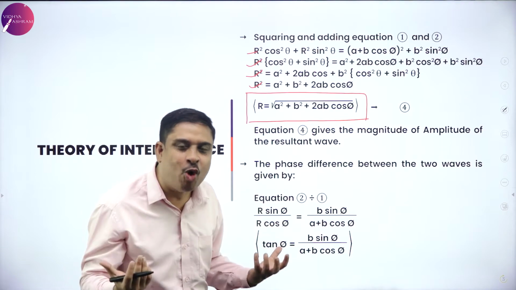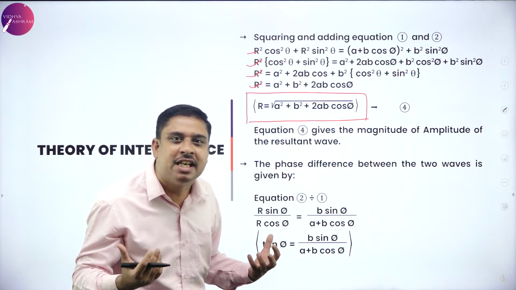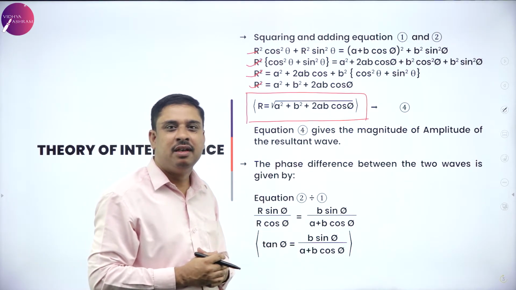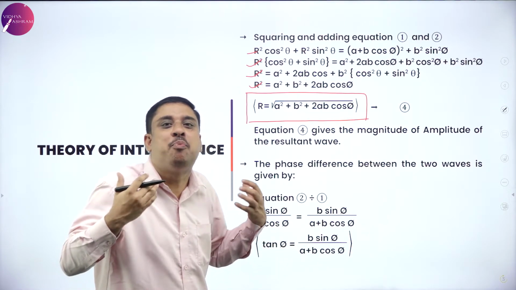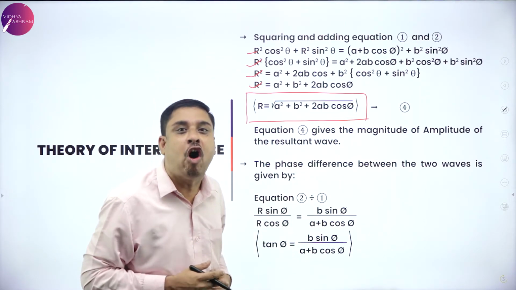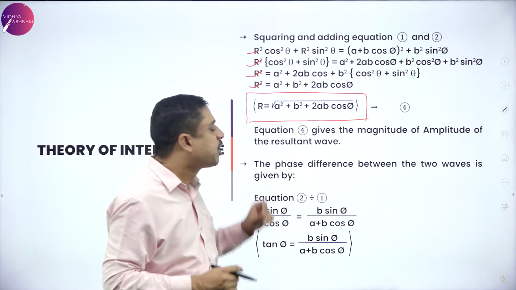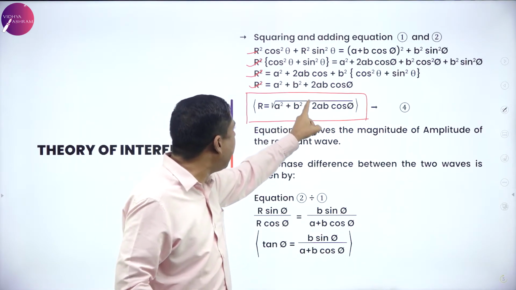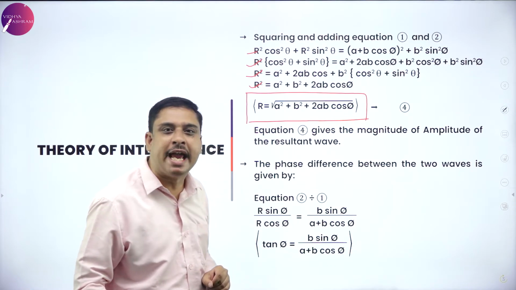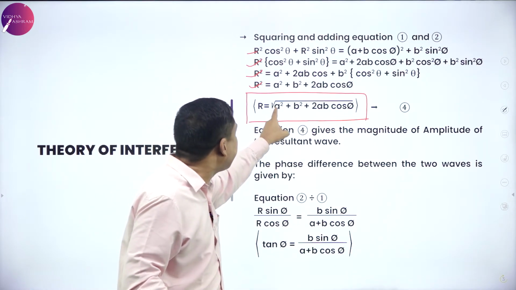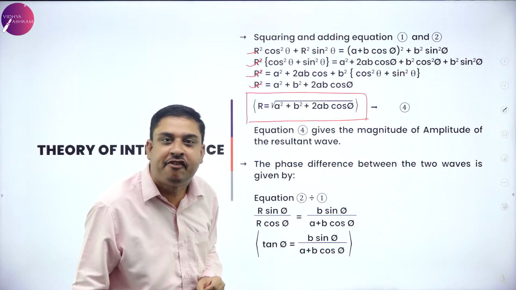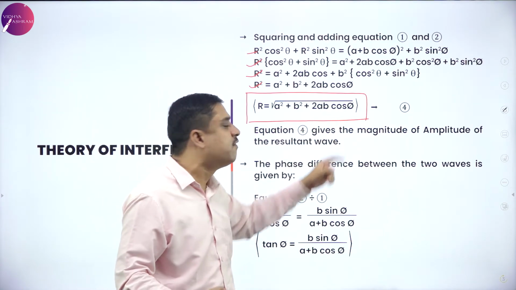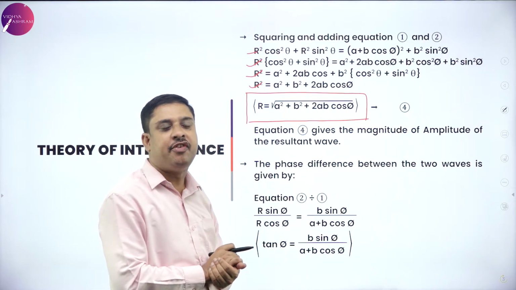See, the equation for the resultant will be the same, only that it is manipulated in different forms. Here R equals root of A squared plus B squared plus 2AB cos phi. A, amplitude of the first wave. B, amplitude of the second wave. Phi, phase difference.